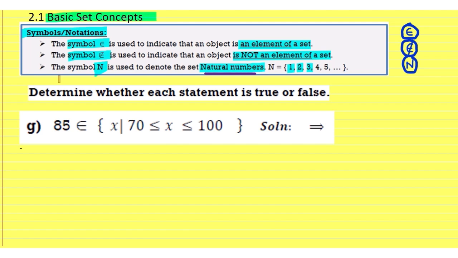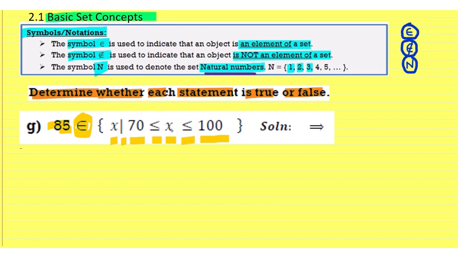Our instructions tell us to determine whether each statement is true or false. Our first question says that 85 is an element of X such that 70 is less than or equal to X is less than or equal to 100.